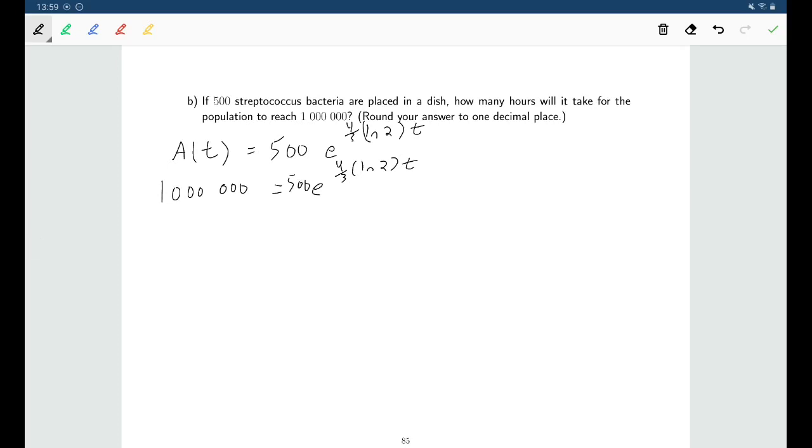I'll divide everybody by 500, which leaves me with 2,000. 1 million divided by 500 is 2,000, and then I've got e to the power of 4/3 natural log of 2 times t. And then I'll rewrite this as a log base e, or natural log, switching the inputs and the outputs.